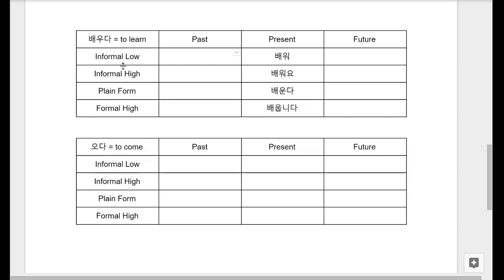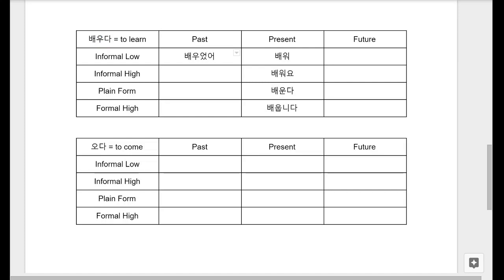In the past tense, what I want to do is I'm going to have the stem 배우, and I'm going to add the past tense addition of either at or ot, and then followed by a here. Now in this case, again, I need to decide if I'm going to add this or this. Because the final vowel in the stem ends in u, I know that I need to add this to it.